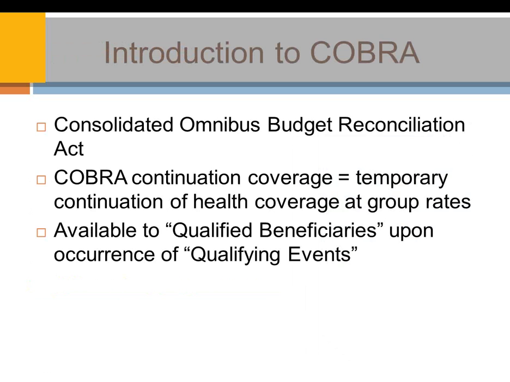And so this type of coverage provided an opportunity for people to not be taken completely off of health coverage, because the individual market was very difficult to be eligible for at that time, much different than it is now where pre-existing conditions have gone away.